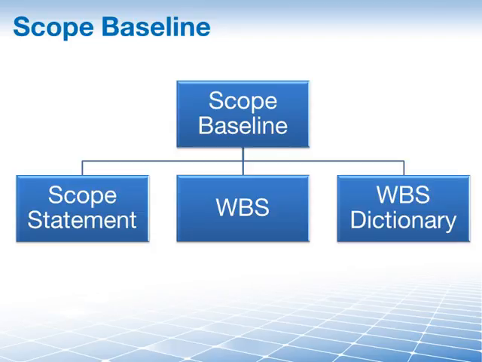Again, the common theme, as with all project baselines, is that it is used to compare actual results to the plan to determine if preventive or corrective action is needed to meet our project objectives in regards to scope.